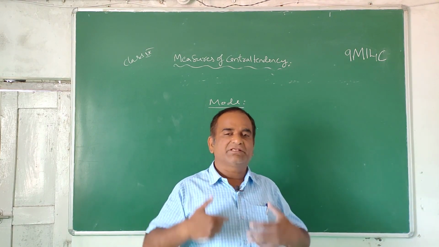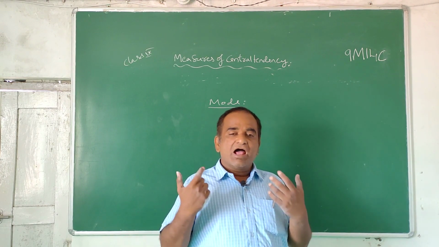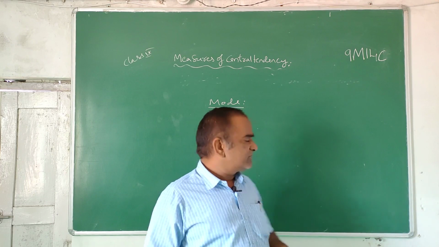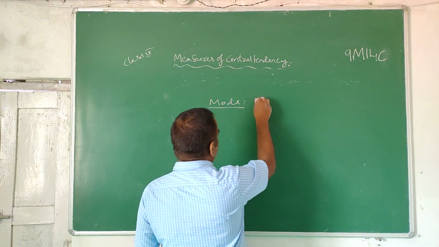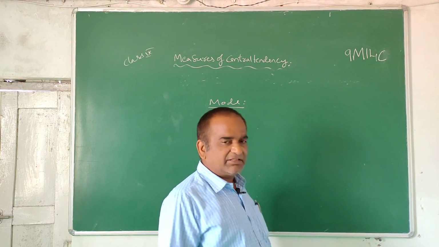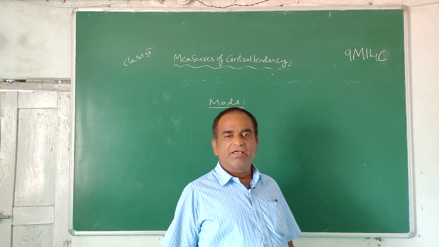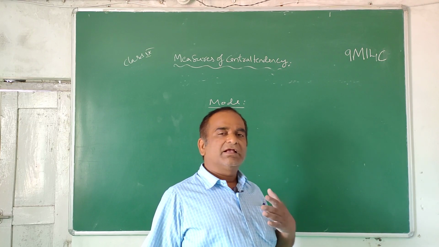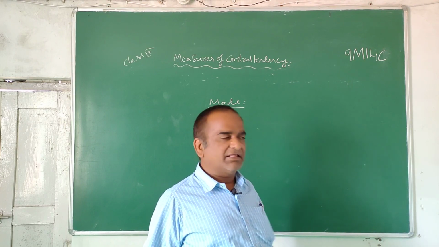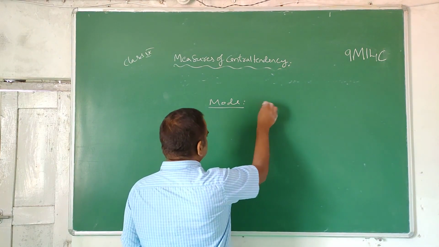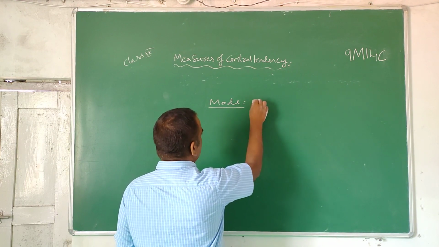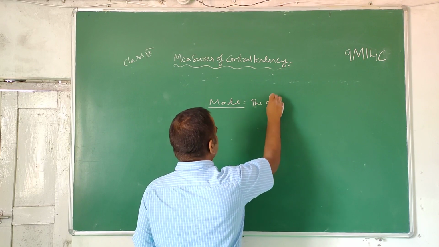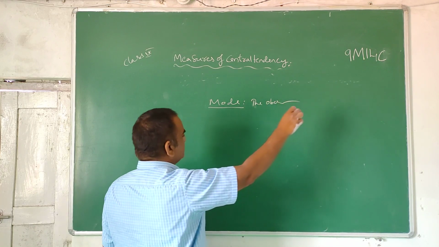This is the observation which has the highest frequency. The observation with the highest frequency is known as mode, meaning it appeared more times compared with the other observations. You understood the definition, no? The observation which has the highest frequency is known as mode.